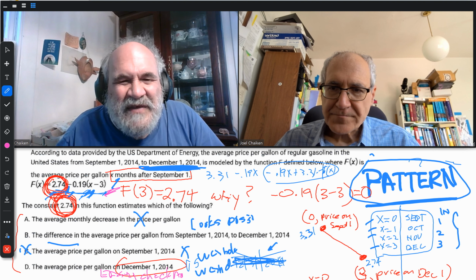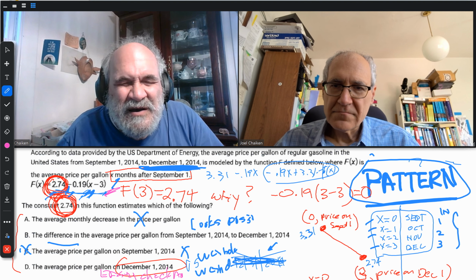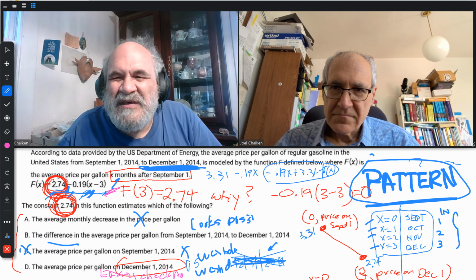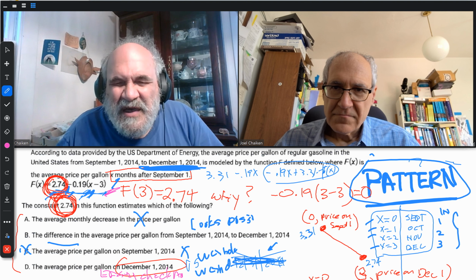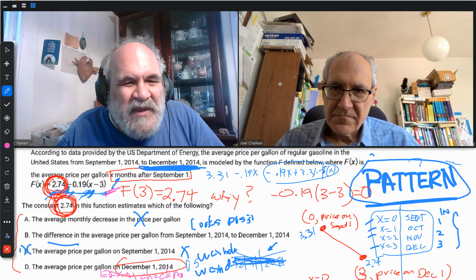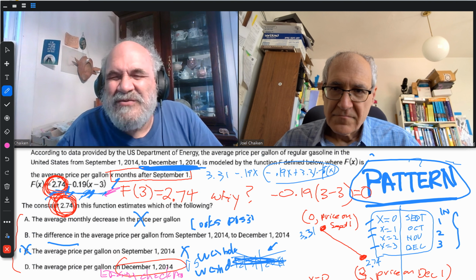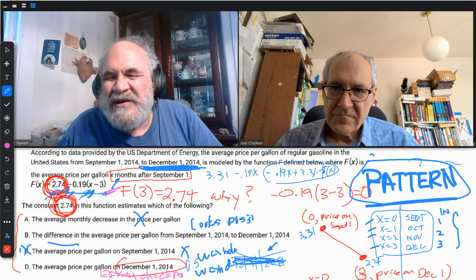Yeah. And then recognizing from the algebra, without having to see any pattern, from the algebra and the meaning of algebra, that 2.74 pops out as the value of the function when x equals 3. Right.